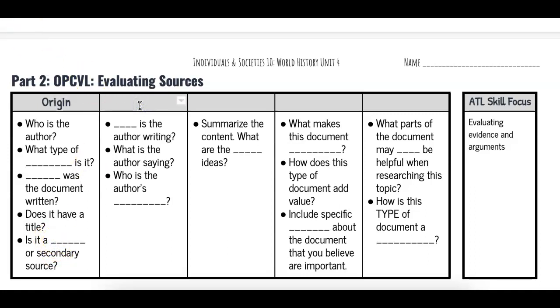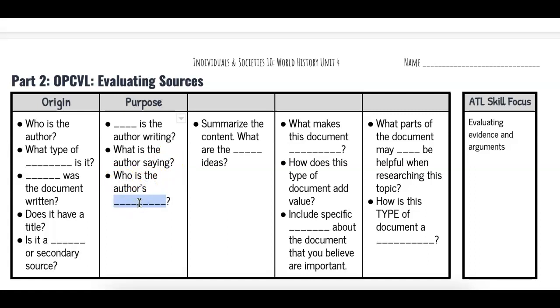The second way that we evaluate sources is called the purpose. The purpose really tells us why. Why is the author writing this? Why did they go to all the trouble of creating this document? And in that, what is this author saying? What is their main point? And then finally, who is the author's audience?